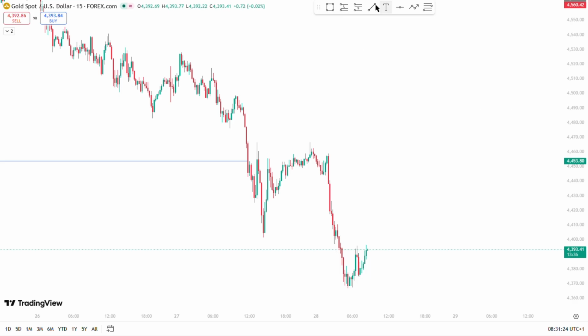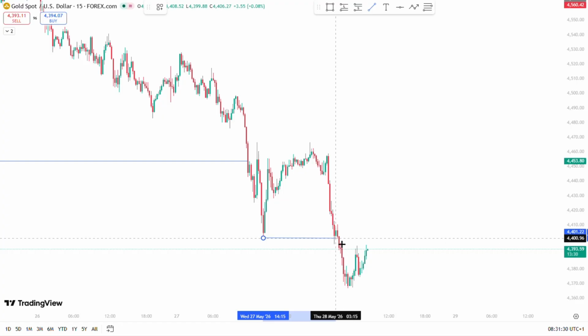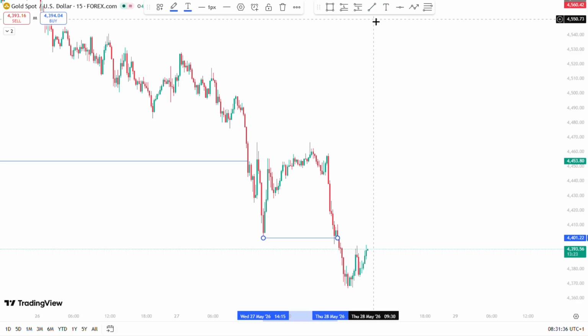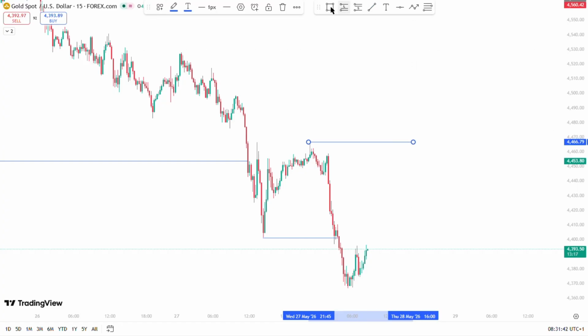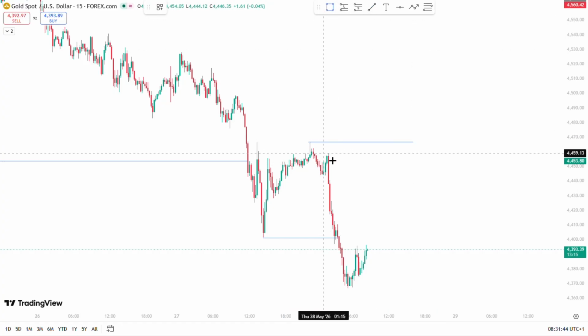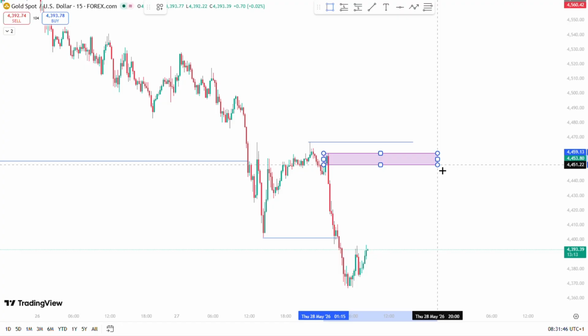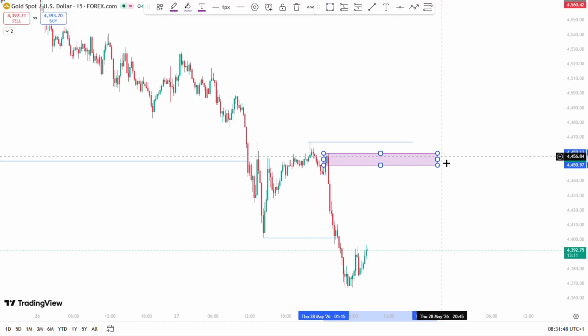Then we have a new structure, which will be this. So now we got another BOS to the downside over here. So where will be our new structural high? Over here. This will be our new structural high. Where will be our point of interest? This will be our point of interest to sell from.